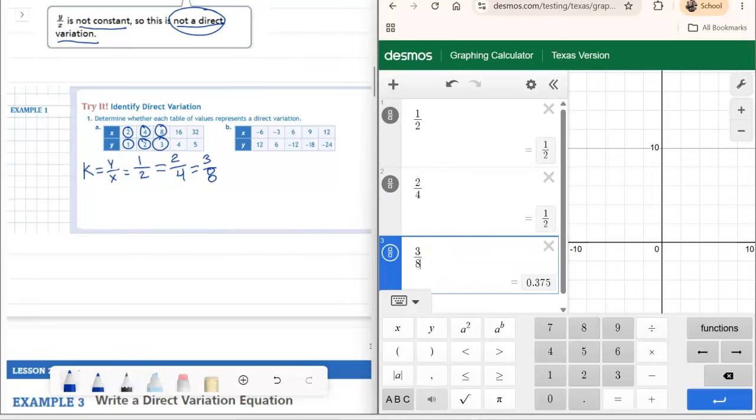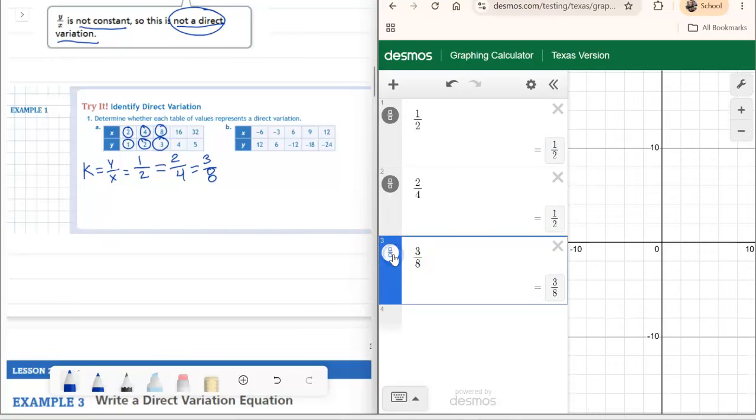3 divided by 8 does not give you 0.5, and it does not give you 1/2. So this means that it is not equal. Therefore, it is not direct variation. Okay.